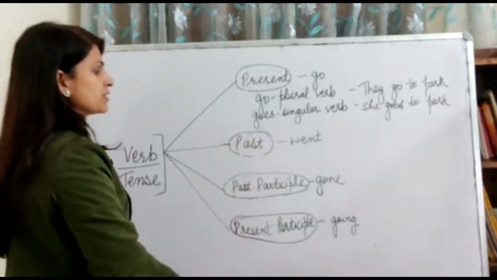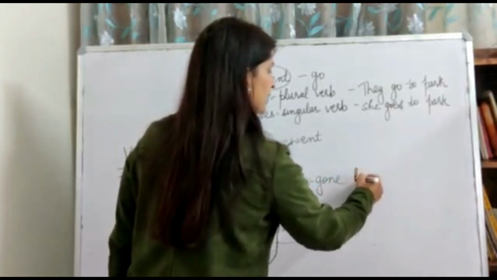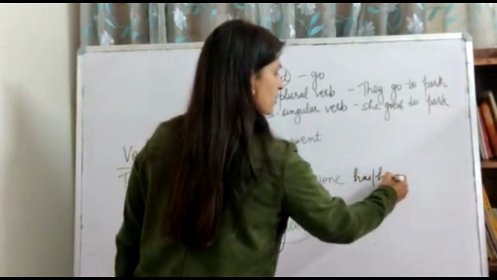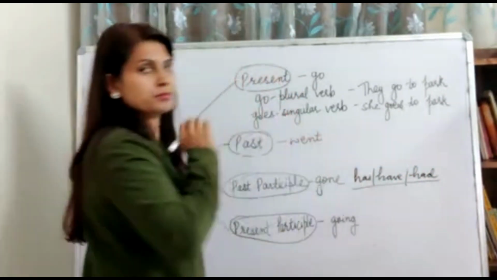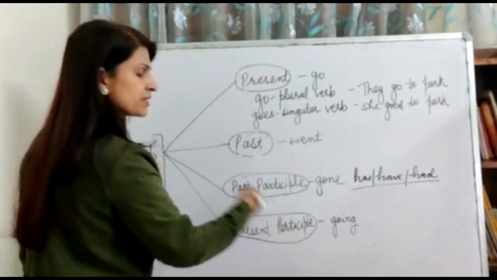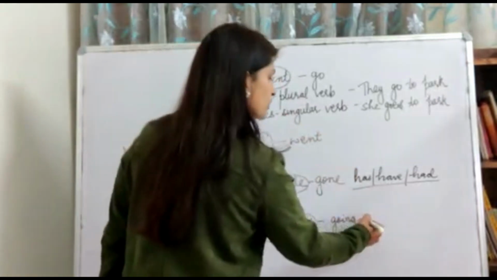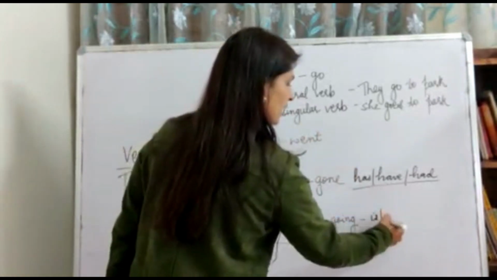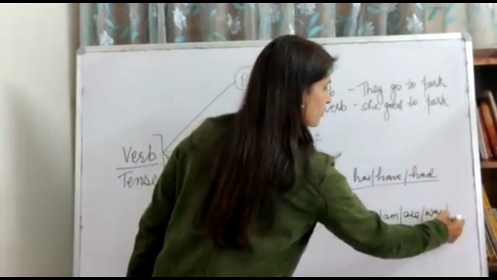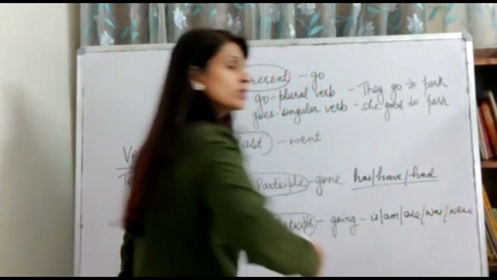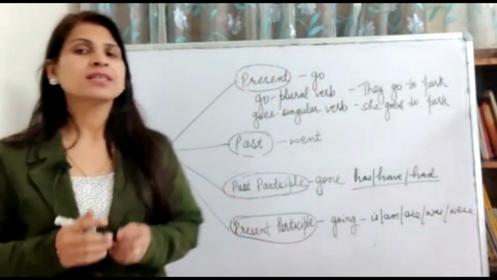The past participle form uses has, have, or had according to the time. Then the present participle form of verb uses is, am, are, was, and were according to the time in the sentence.